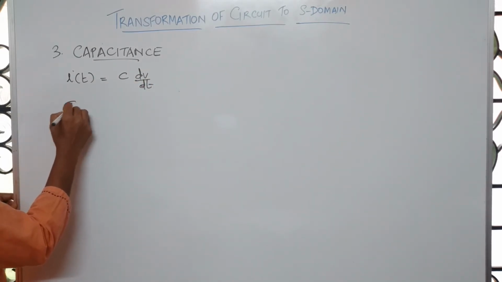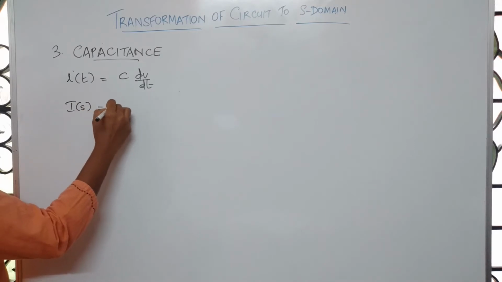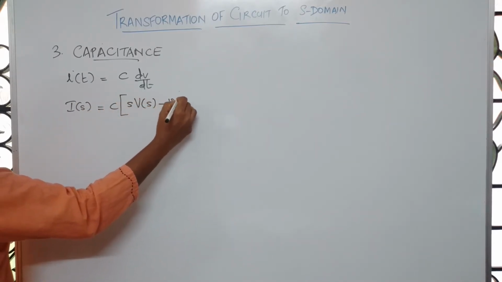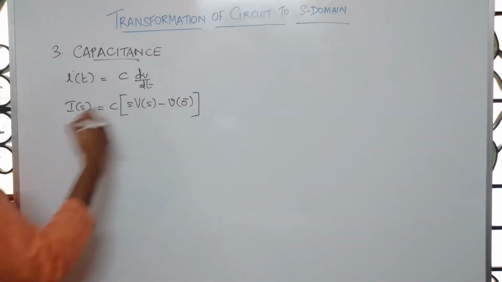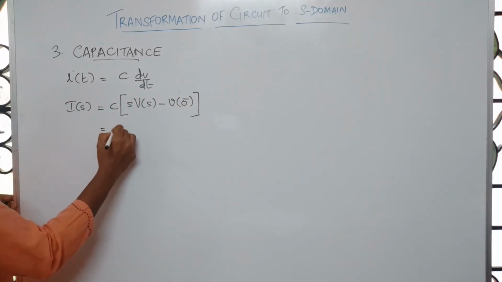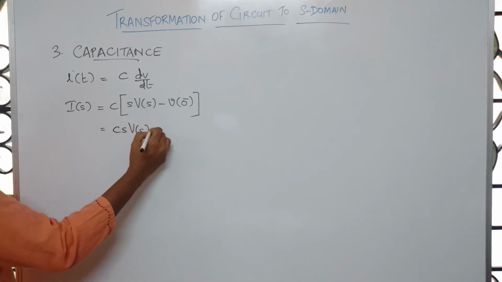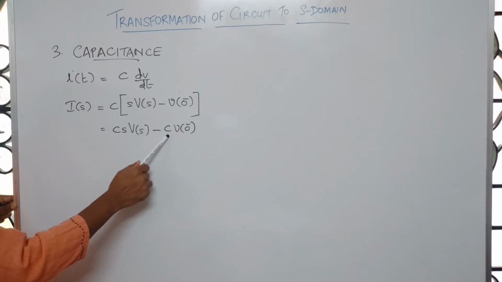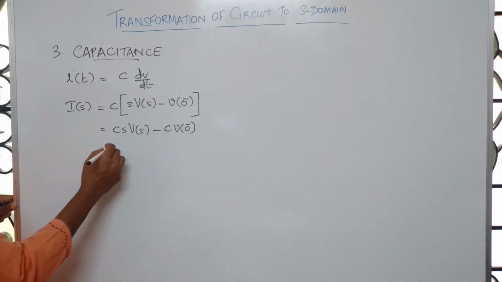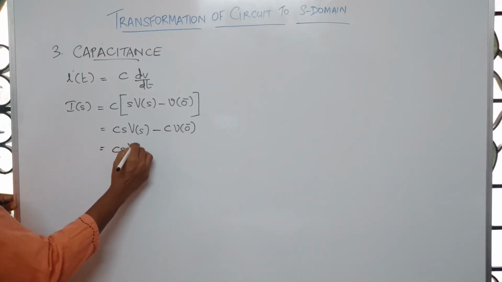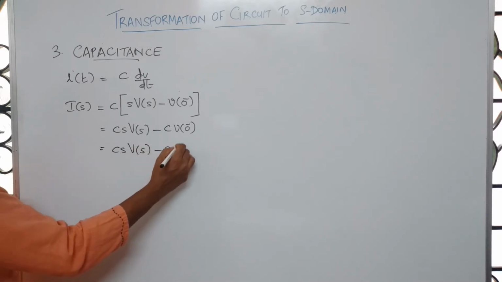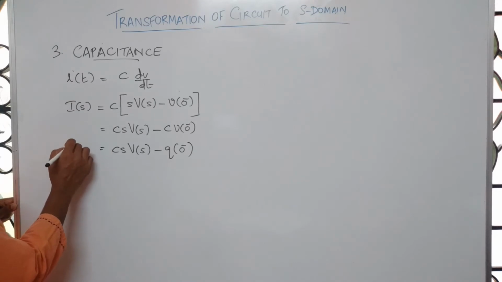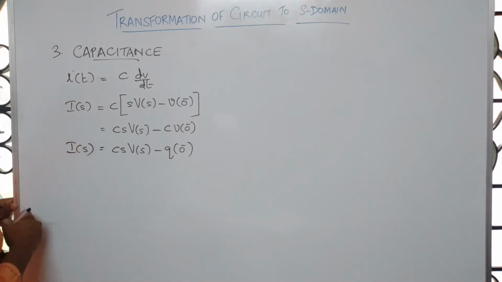Taking Laplace transform, it will be I(s) equal to C into s into V(s) minus the initial value, that is CsV(s) minus C into v(0-). Now what is this? CV is the charge. So we can write it also as minus Q0-, the initial charge stored in the capacitor. This is I(s).